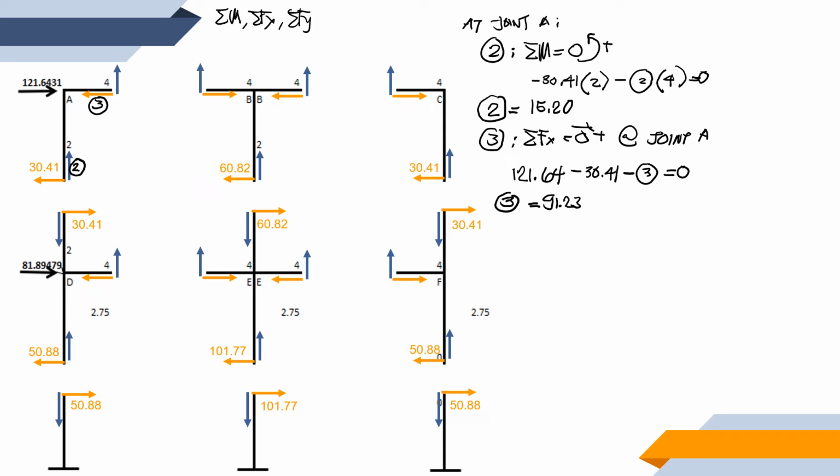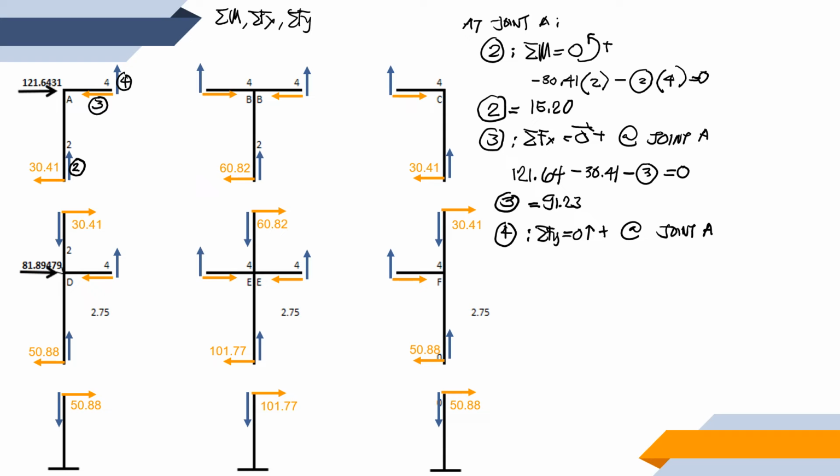To solve for this, let us name it force 4. For force number 4, we are going to sum up forces along y is equal to 0. Going up is positive at joint A. What are the forces that are acting along the vertical axis?